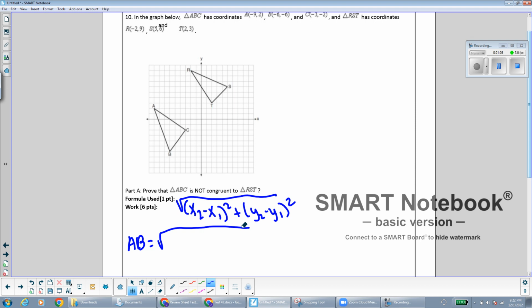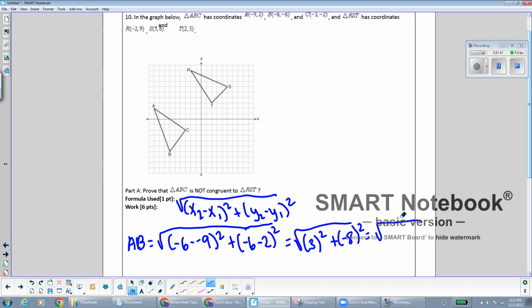Plugging in AB, x2 minus x1 squared plus y2 minus y1 squared. That is 3 squared plus negative 8 squared. So that's 9 plus 64. And that gives me radical 73.